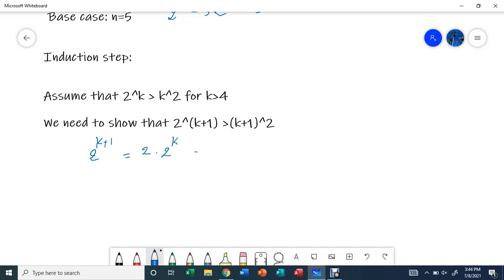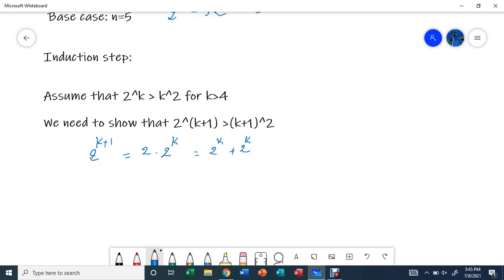And that's the same thing as 2 to the k plus 2 to the k. If you have 2 times x, that's the same thing as x plus x. That's basically what I did here. So 2 times 2 to the k is the same thing as 2 to the k plus 2 to the k.